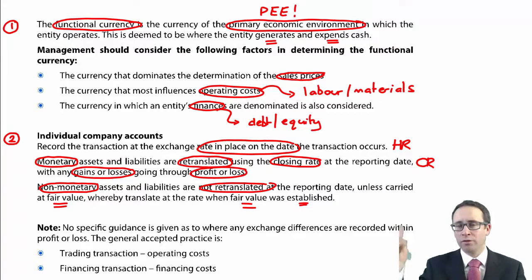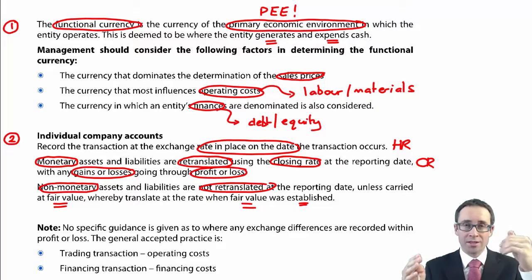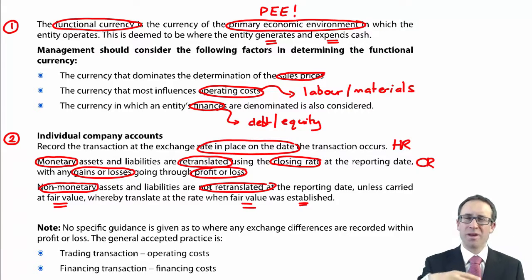So you have your original fair value at the rate at that date. You look at your updated fair value and you use the rate that's in place at that updated fair value date. But again, I think that's just beyond the scope of the syllabus.